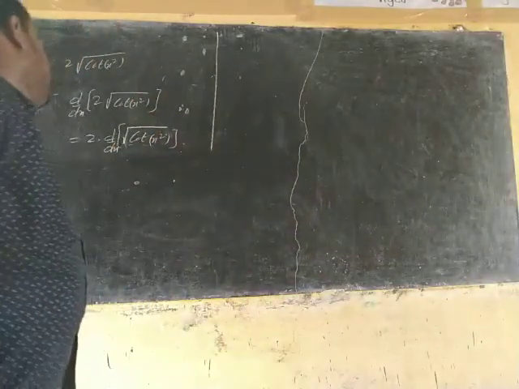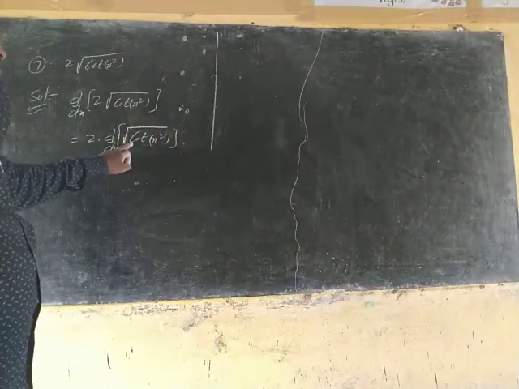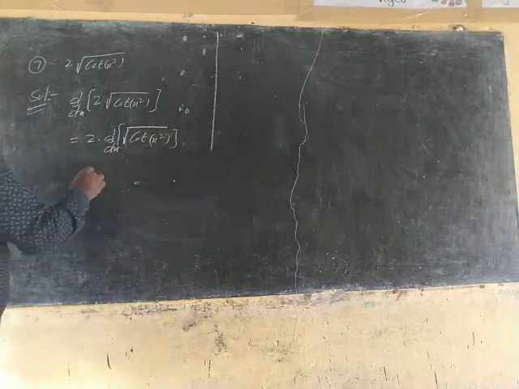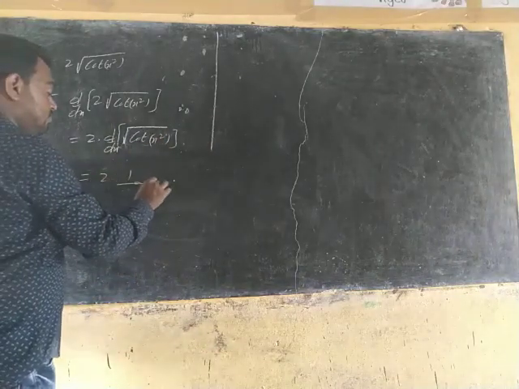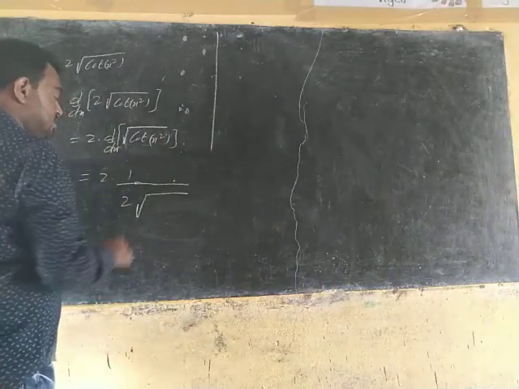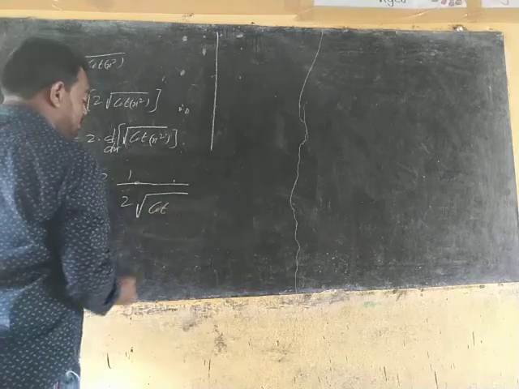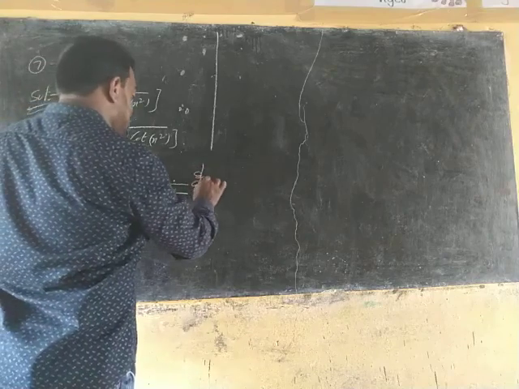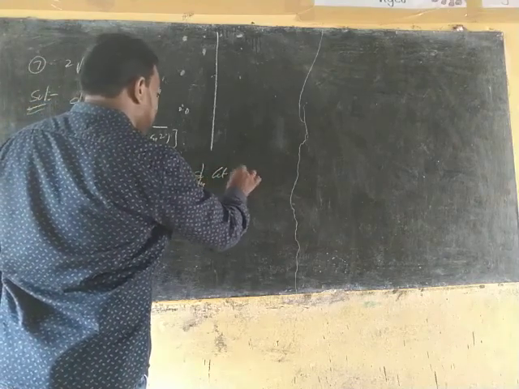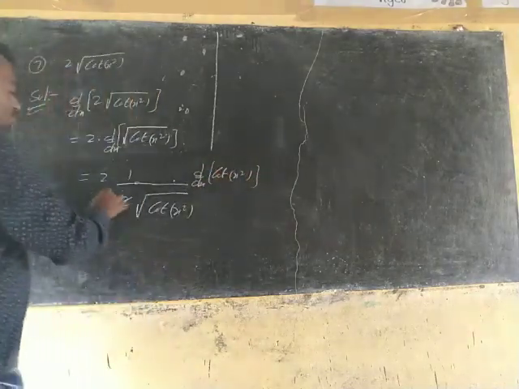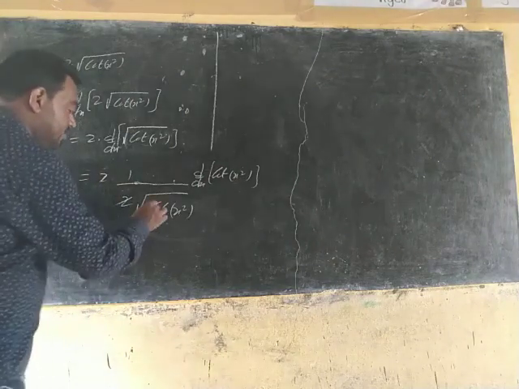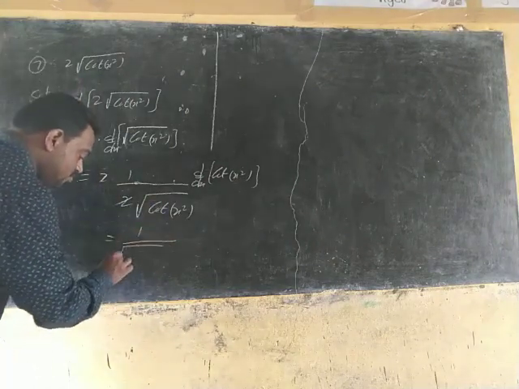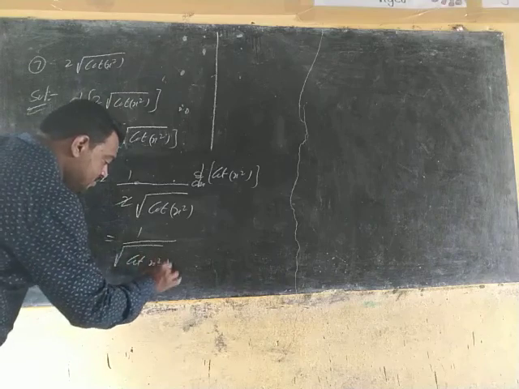This one we did long, you see. Root x derivative is 1 by 2 root x only. So 1 by 2 root of cot of x square. Now derivative of cot of x square. Right? Now 2 gets cancelled. 1 by root of cot of x square.